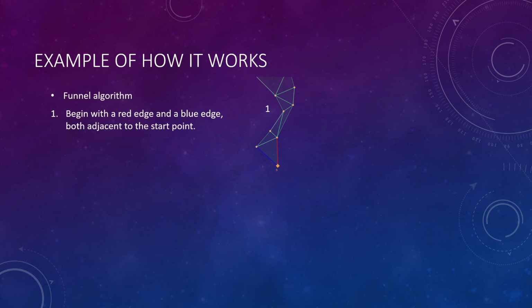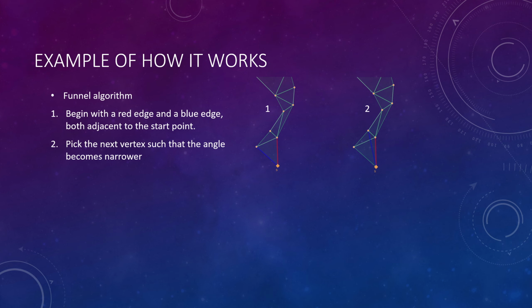We start with two colored edges. One is red, one is blue, and at the start they are the two edges adjacent to the starting point. And the idea is that we move further and further on the path by picking vertices, such that the angle between them becomes narrower.